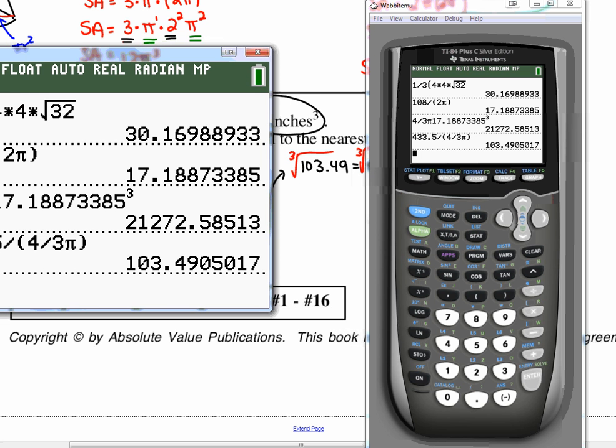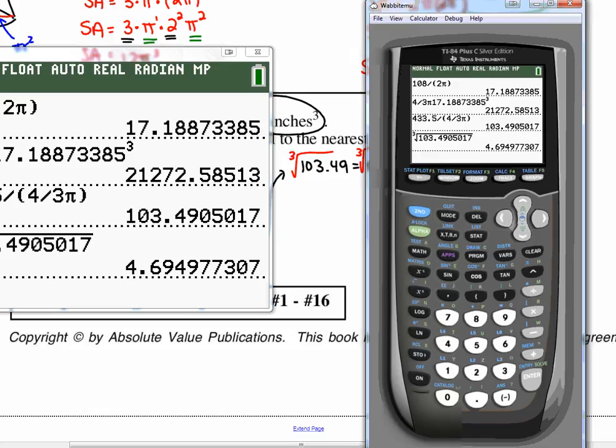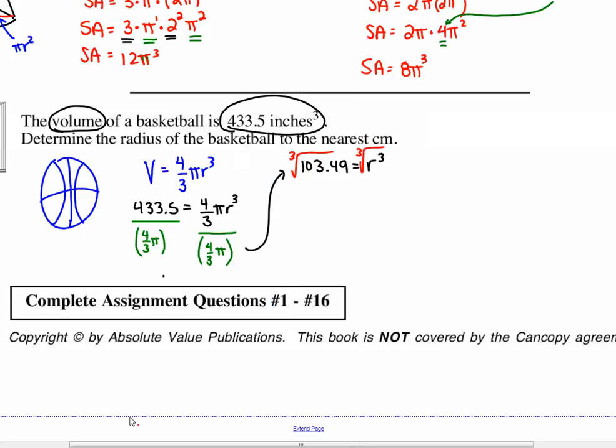Then you can highlight that and push enter if you have a new version, or second negative for answer. 4.69. To the nearest centimeter, that would be 5 centimeters.